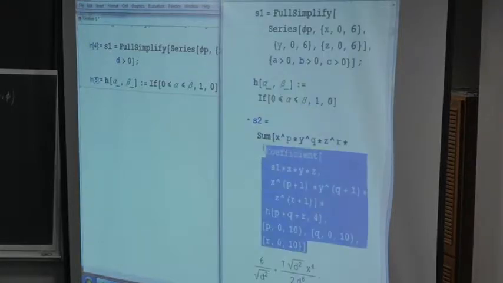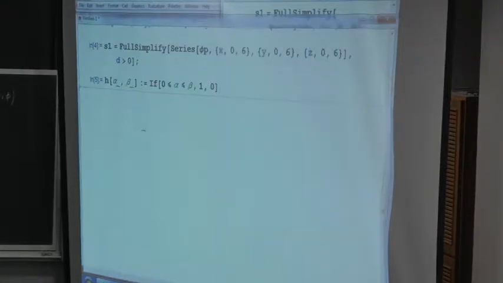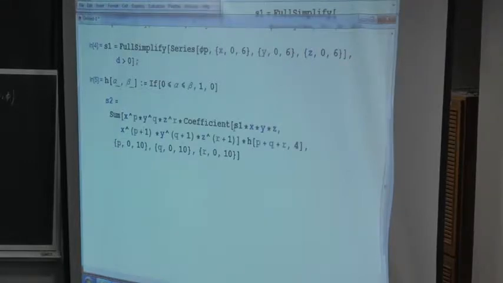So now I want to find out the coefficients of S1. Suppose I write x square plus x square into y plus x into y square, and I find the coefficient of x square in this expression.